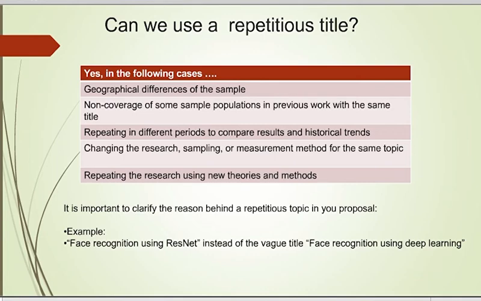Number one, geographical differences of the sample. So maybe you do research on the pollution of the river Tigris in some university. In another university, somebody else does research on the pollution of the river Euphrates.